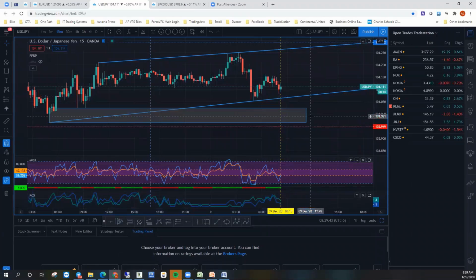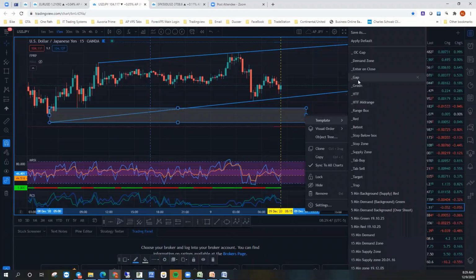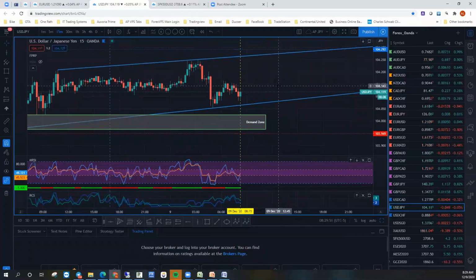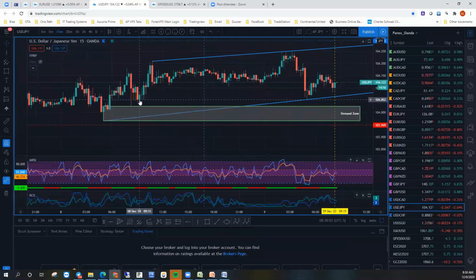I'm going to call this our demand zone off this range. Here's where it was the demand zone. This is where it was tested, came back up, came back and retested it again. We do not have a close below this point right here.